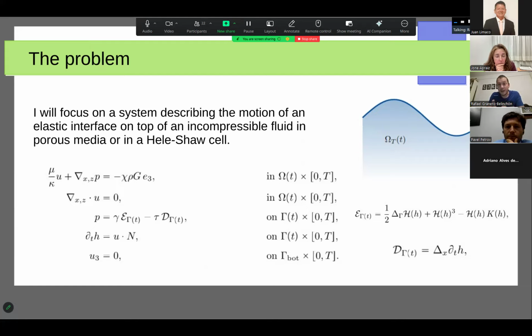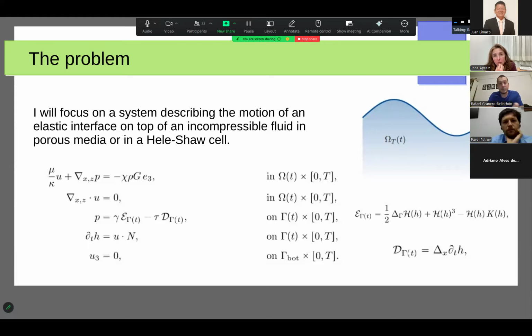In fact, there are works trying to understand this problem, for instance by Roberto Camassa, who has at least two papers, not for the full system, but for the Saint-Venant or shallow water equations, which are a completely local approximation, trying to understand the situation when you have zero depth.